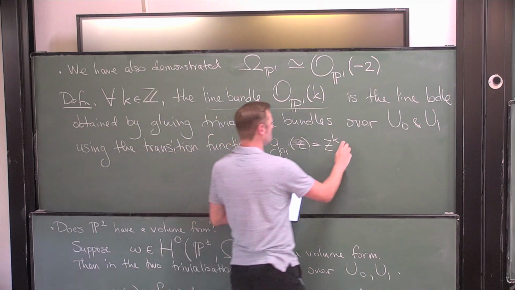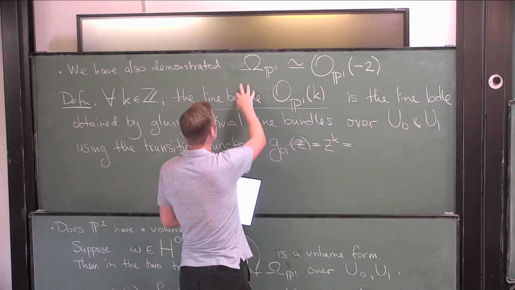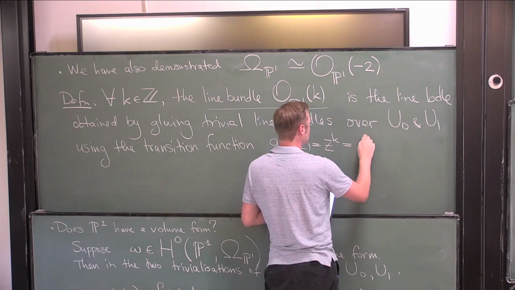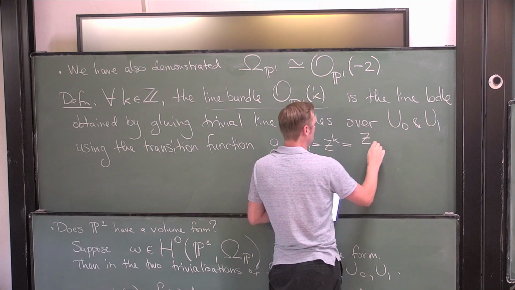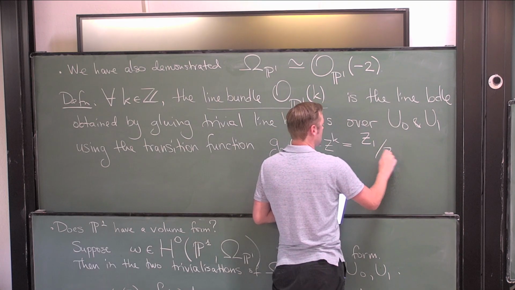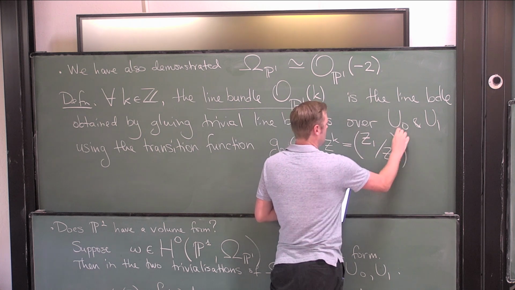Or, in other words, if we want to use the homogeneous coordinates on P1, what I mean by this is z equals z1 over z0. Okay.